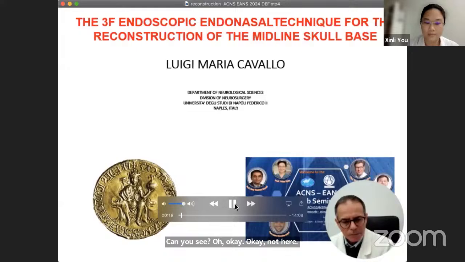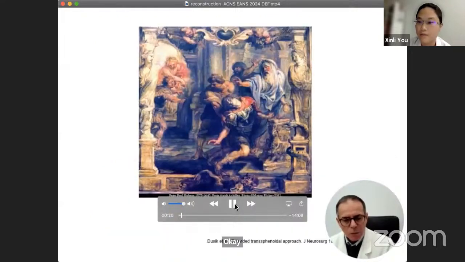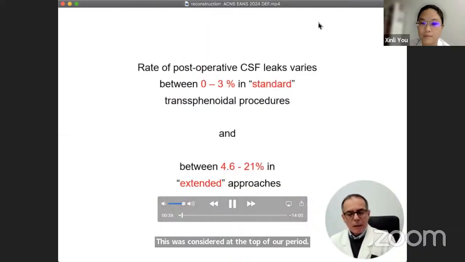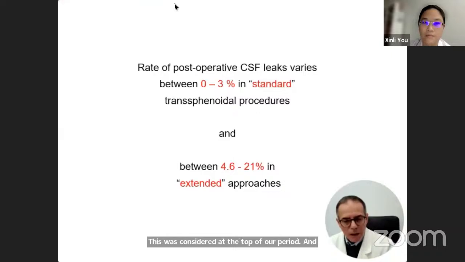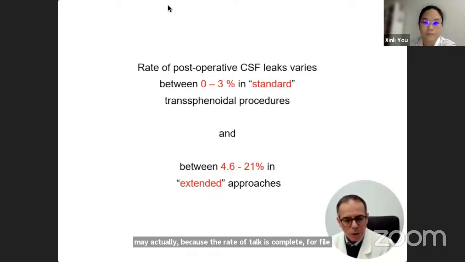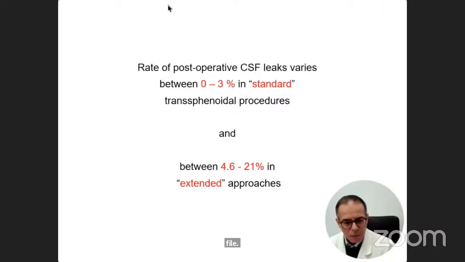Reconstruction. This was considered the Achilles heel of the technique, and the main reason is that the rate of post-operative CSF leak was quite high in extended approaches, especially compared to the so-called standard approach.